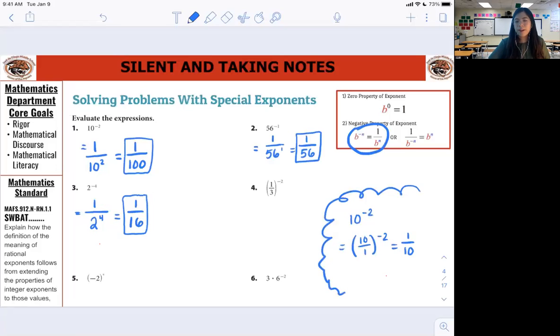Does anybody know what that is called when you have a fraction and then you flip it? It's the same idea as keep, change, flip, but it actually has a name, a vocabulary word. Starts with an R.